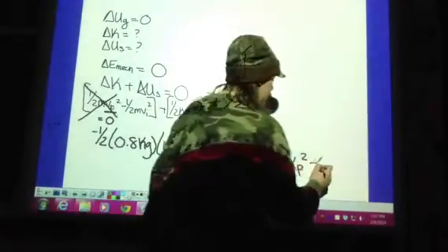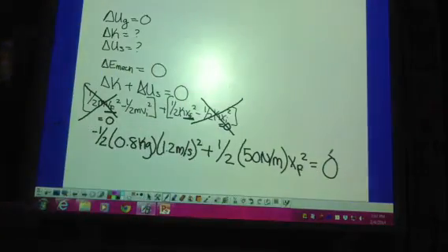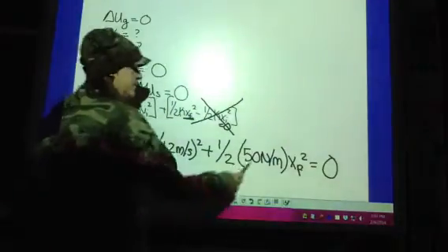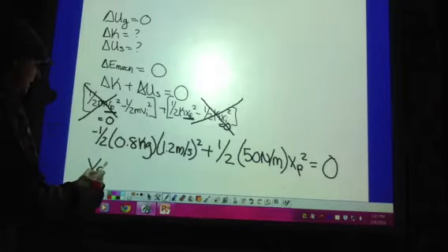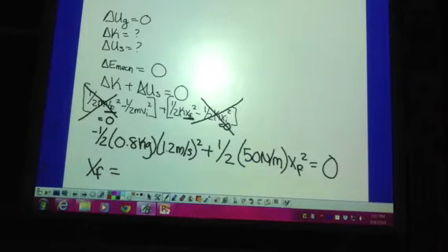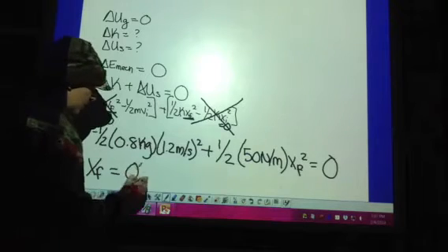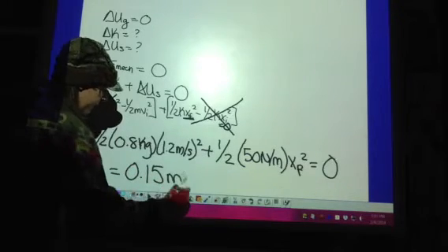And all of that equals 0 because we said this is an isolated system. Okay, so multiply and then add over here to this side, and then if I divide that by 25 and square root, we should get our final position, or that maximum compression, to be 0.15 meters.